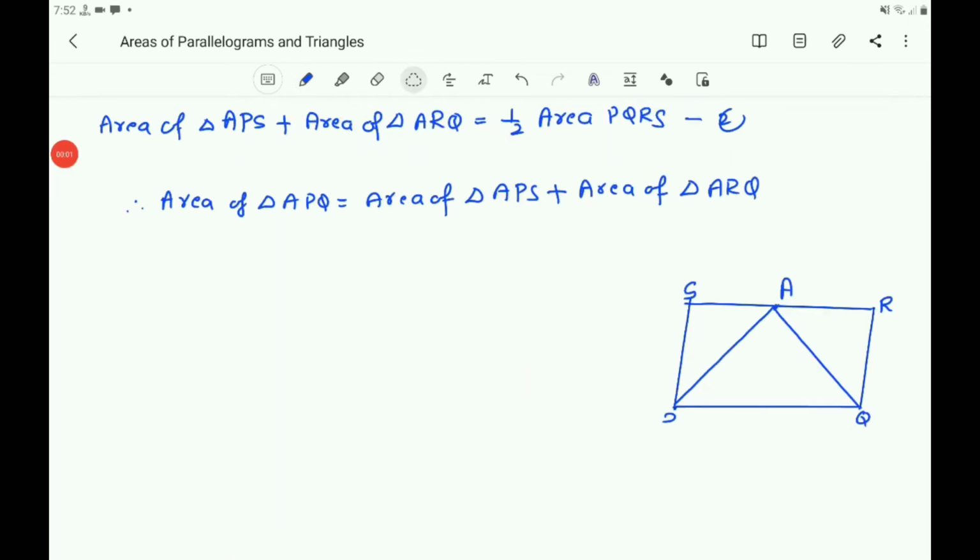So you got that area of triangle APQ is equal to the sum of the area of these two triangles. So if she wants to sow wheat and pulses in equal area, she can grow wheat here and pulse here, or she can grow wheat here and pulse here.